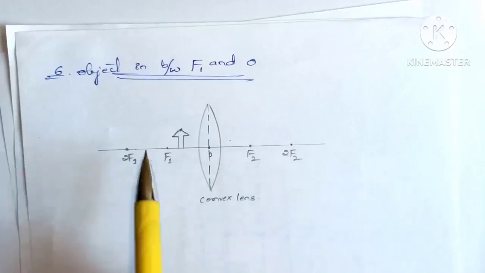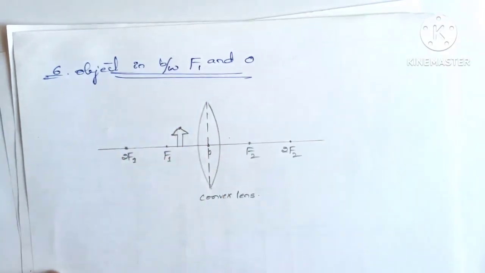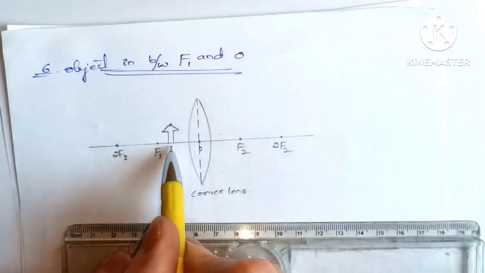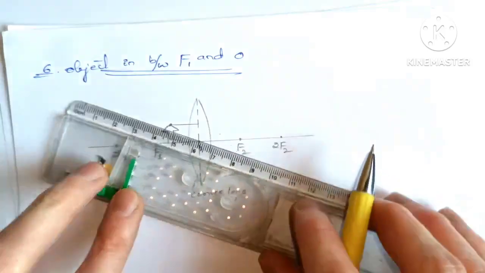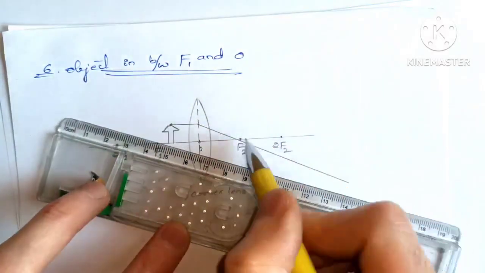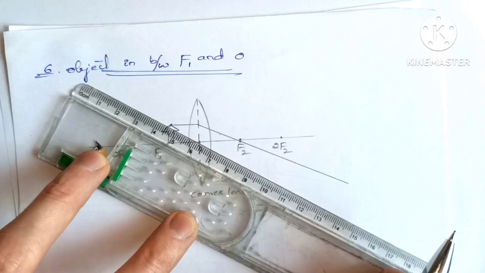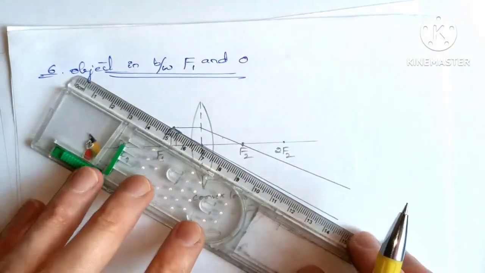The 6th construction, object in between F1 and optic center. So make ready your baseline like this. Now the object we have kept in between F1 and O. Let's draw a line like this and now reflect it on F2. Now the second as usual like this. And now this is slightly different from the first 5 constructions.